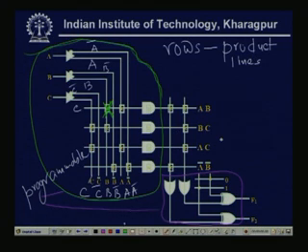So the first product line or the first row realizes B and A, means AB. Similarly, the second one is C B, so my second product term is BC.